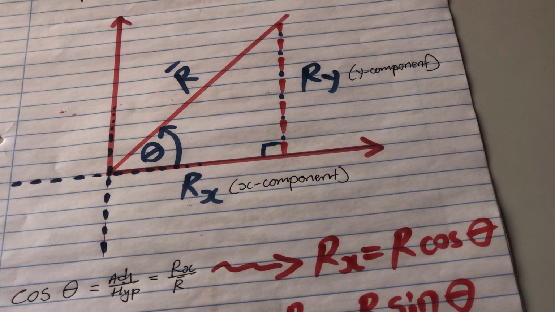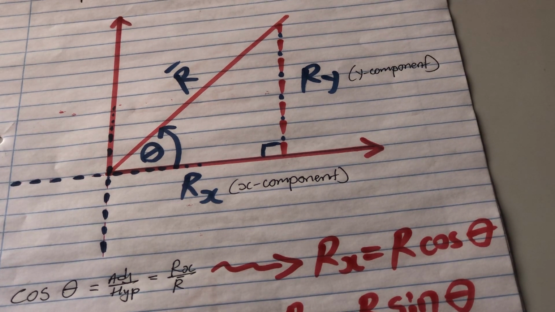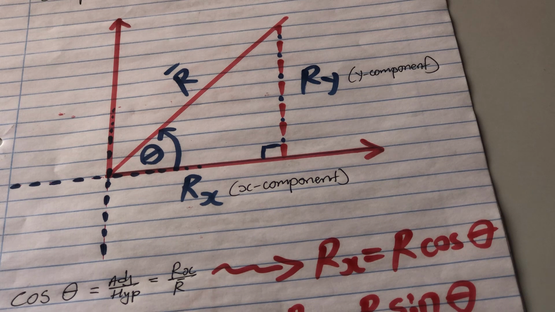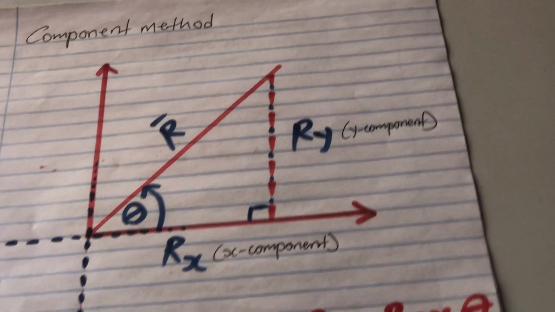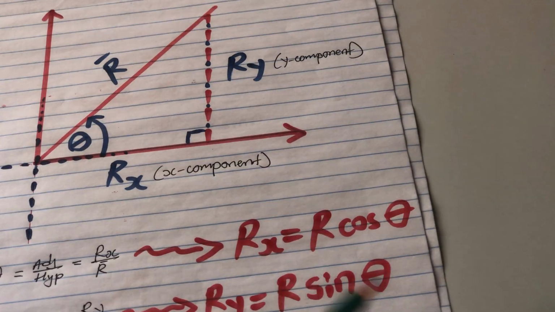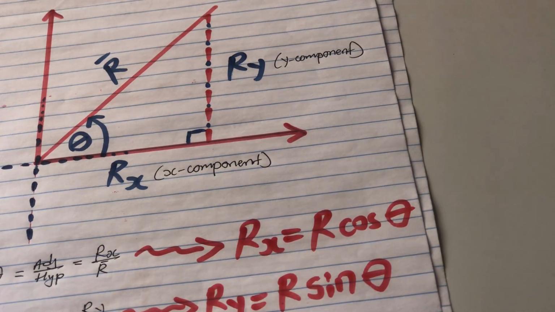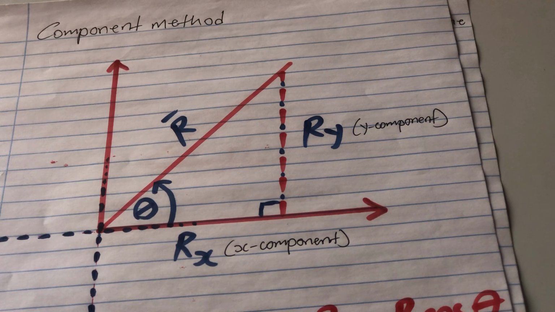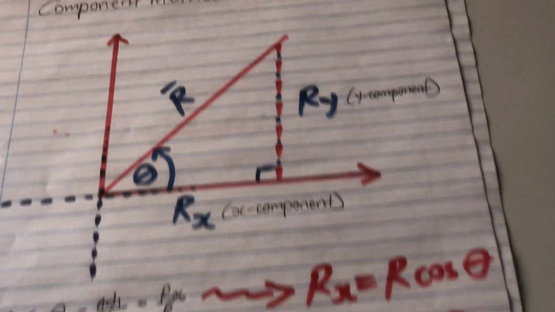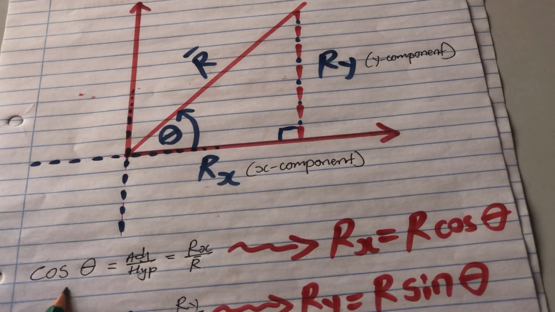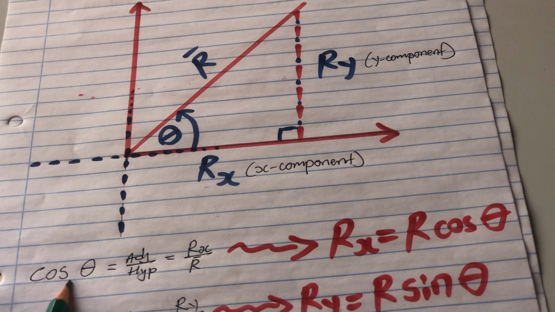Remember the trig ratios in maths: cos, sine, and tan. For us to arrive at Rx equals R cos theta, we first use cos theta.